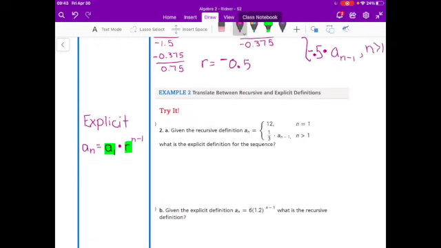Okay. There's one other formula here. So we don't just have recursive, we have something called explicit. And personally, I like explicit better. It's a little cleaner, it's a little easier to understand. So this example gives us the recursive formula and wants us to write it as an explicit definition.